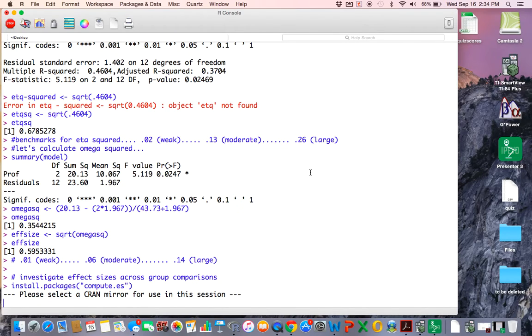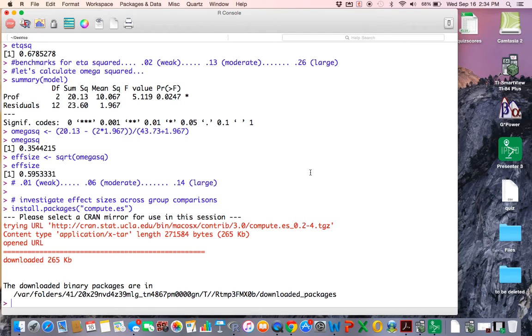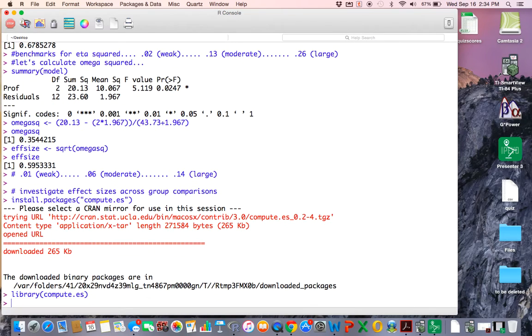Once we do that, it'll go through an annoyingly long delay. Now, next thing we need to do is access the library. Guys, remember, when you install a package, it has to be in quotations. When you access the library, it doesn't.